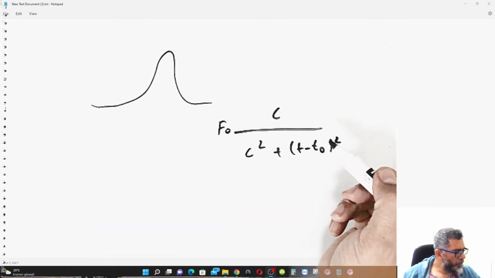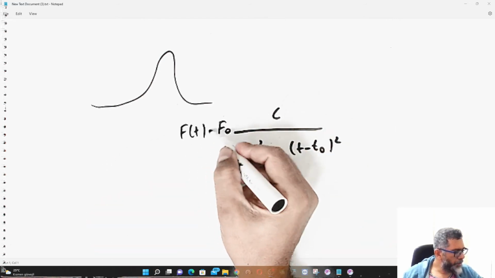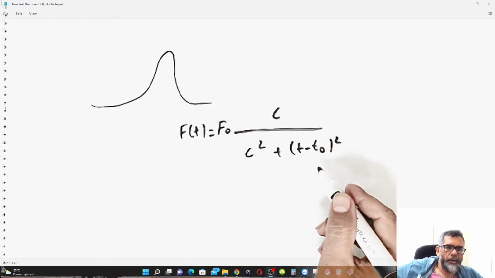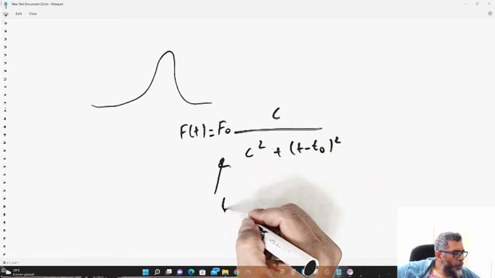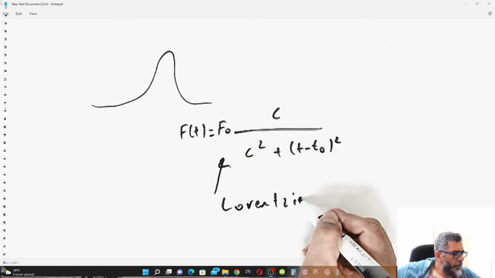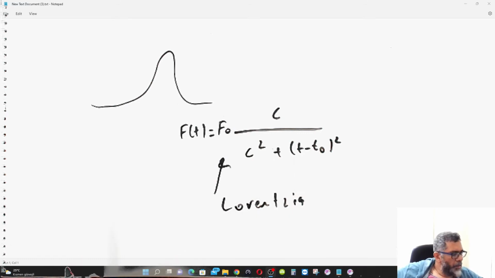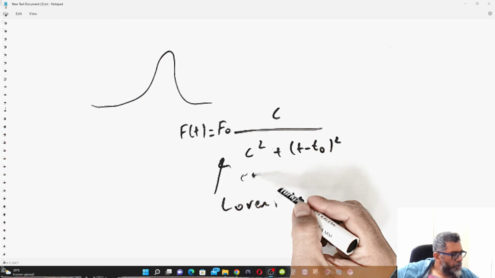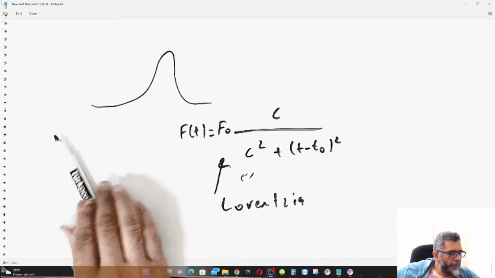Let's put f0 over here, and this is our force function. Let's try this, okay? And this is called Lorentzian.